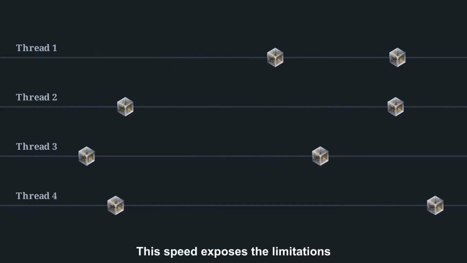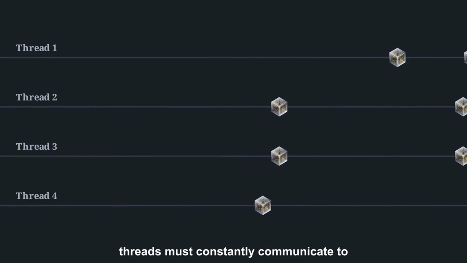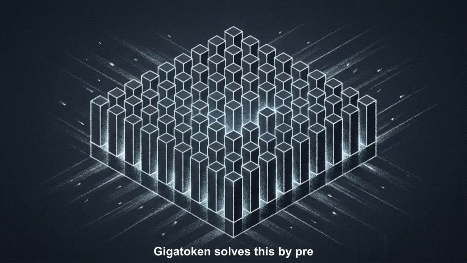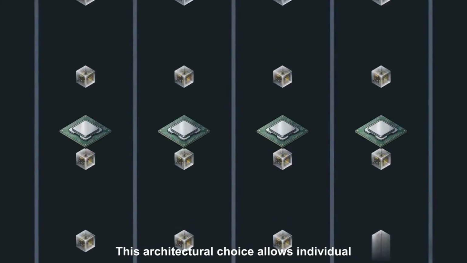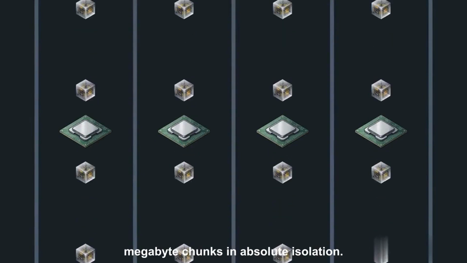This speed exposes the limitations of traditional multithreading, where concurrent threads must constantly communicate to avoid overwriting each other. GigaToken solves this by pre-splitting massive files, like the 11.9 gigabyte open web text dataset, at safe boundaries like the end of text marker. This architectural choice allows individual CPU threads to process 100 megabyte chunks in absolute isolation.